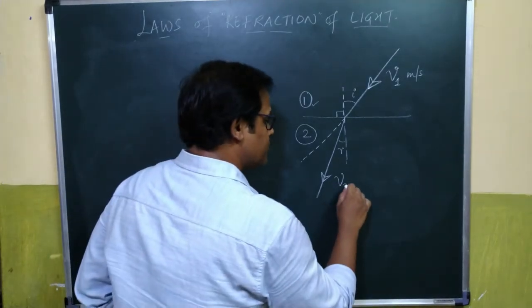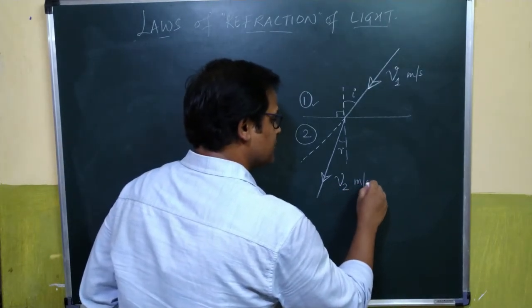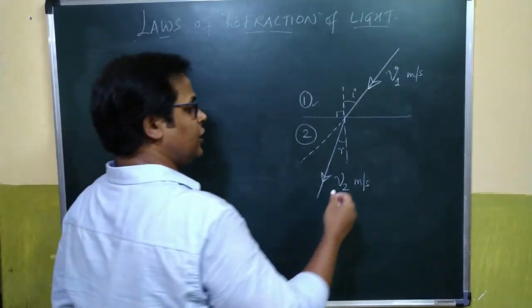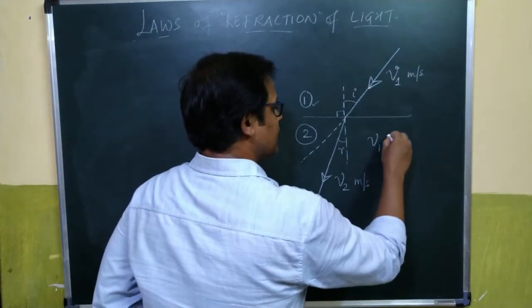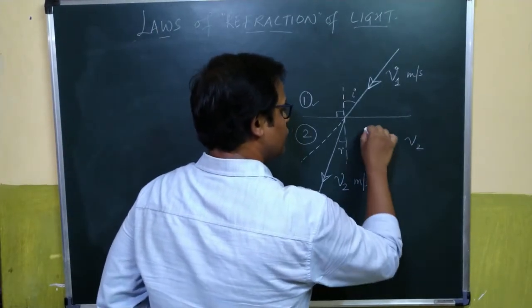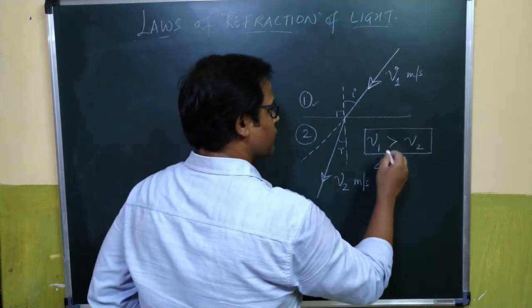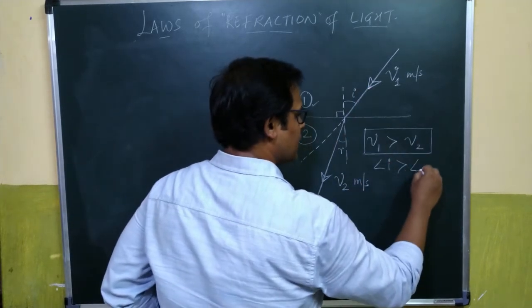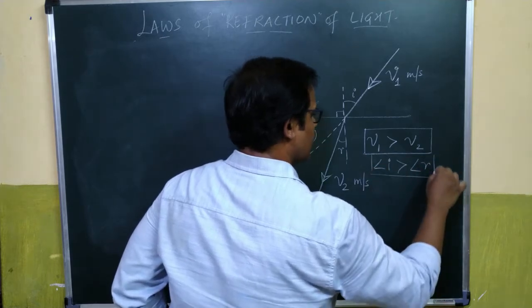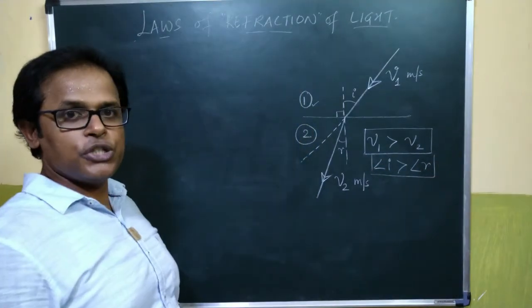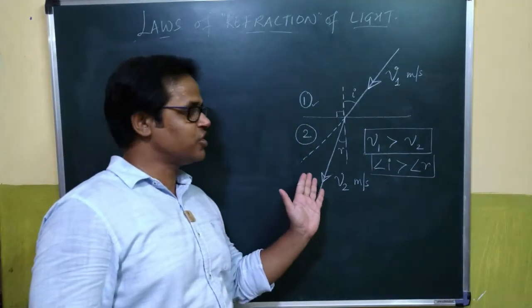Let us say the speed has become v2 meters per second. You can easily see that v1 is greater than v2 in such a case, and the measure of angle i is also greater than the measure of angle r. It would be exactly opposite if you take the opposite situation.